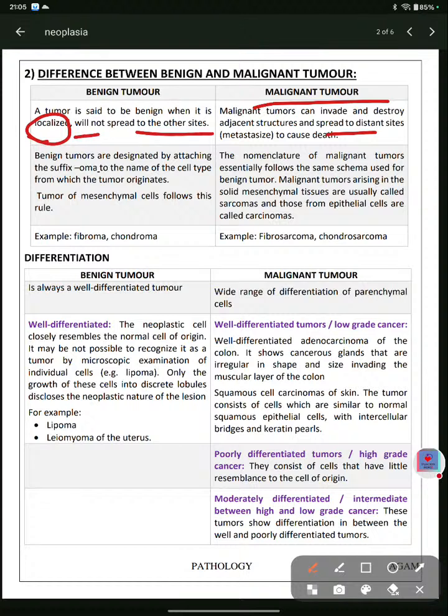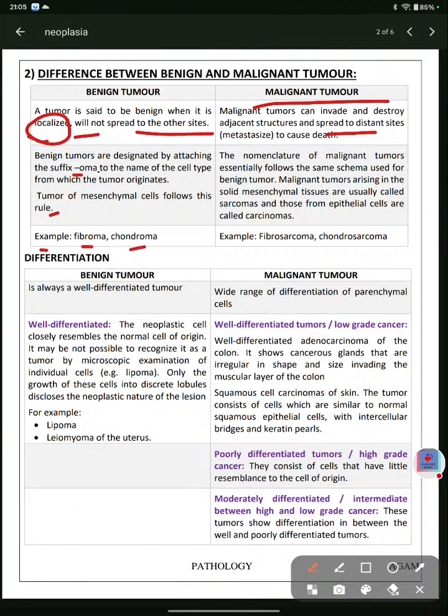Okay, benign tumors are designated by attaching the suffix -oma to the name of the cell type from which the tumor originated. Tumors of mesenchymal cells follow this rule. Examples: fibroma, chondroma.